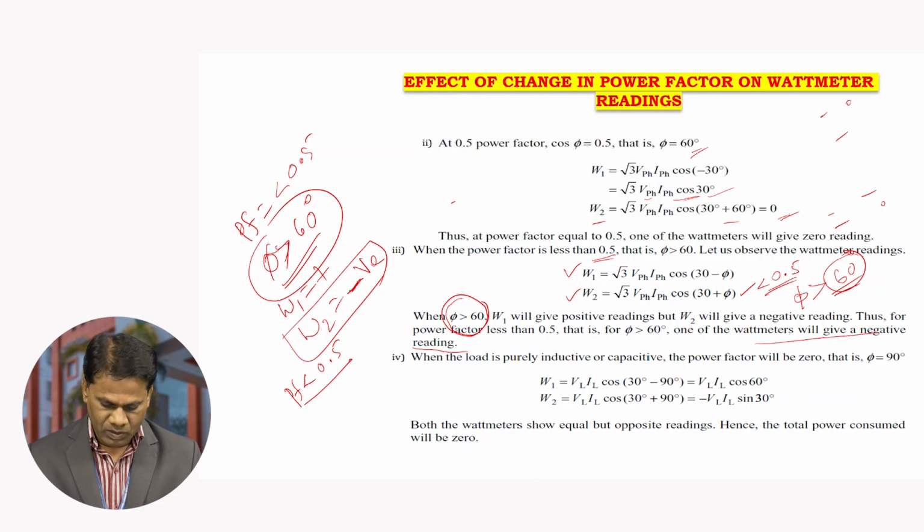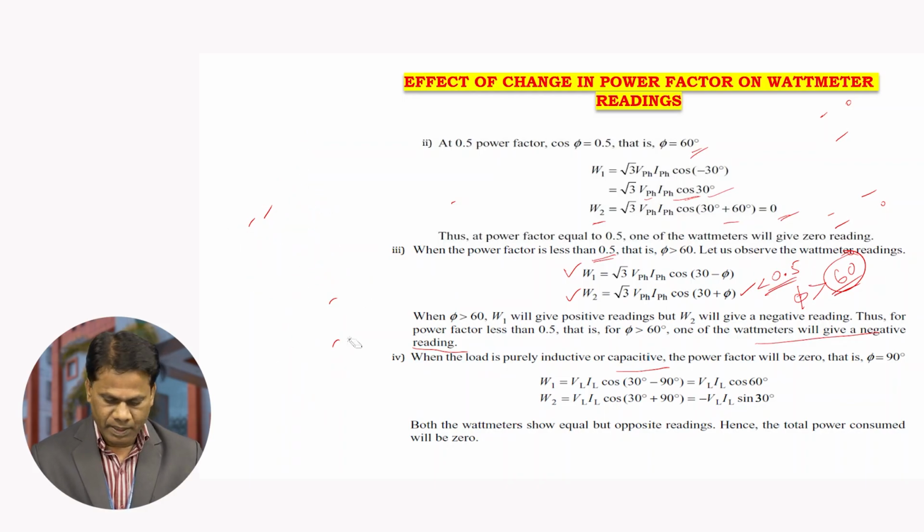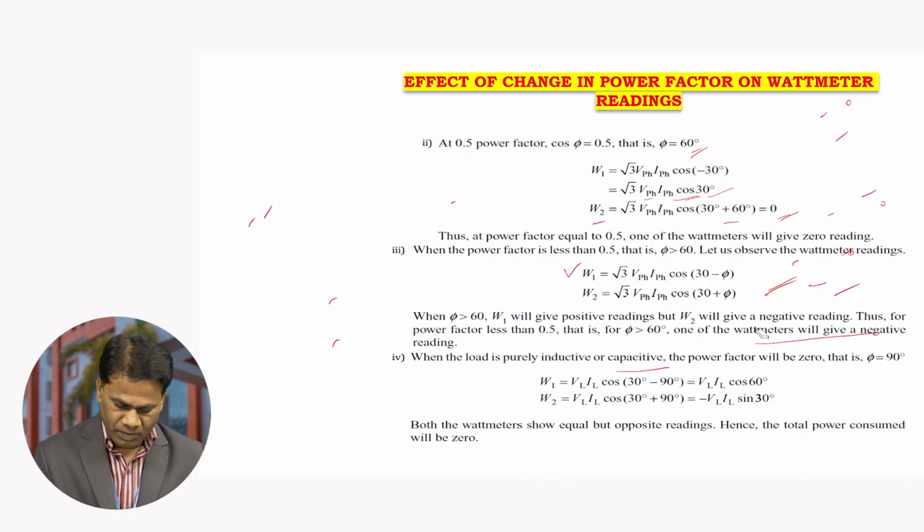Next, the final last case, when the load is purely inductive or capacitive. I am considering the load as a pure inductive and capacitive load. So here for pure inductive loads, if you are taking voltage as the reference, current is lagging in a pure inductive load by 90 degrees.